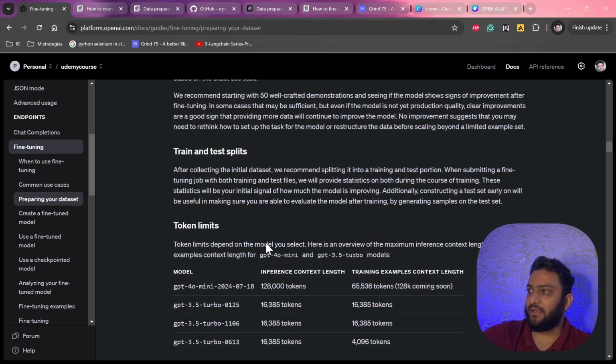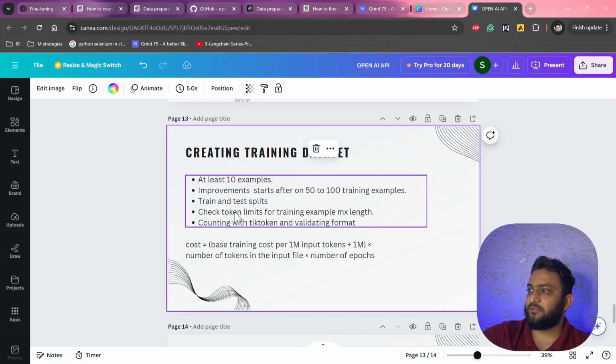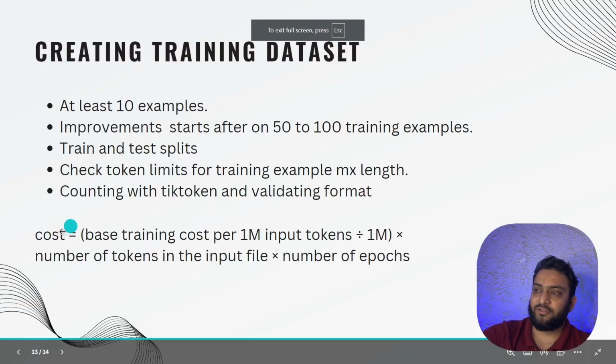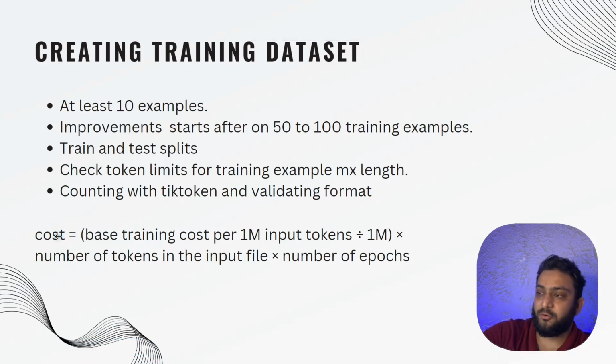Once you have your tokens, once your format is validated, once you have everything fine, you can then go ahead and calculate the cost. So this is how the cost would be calculated for the whole training. It would be the base training cost per 1 million input tokens, which you would find on the pricing page, right?